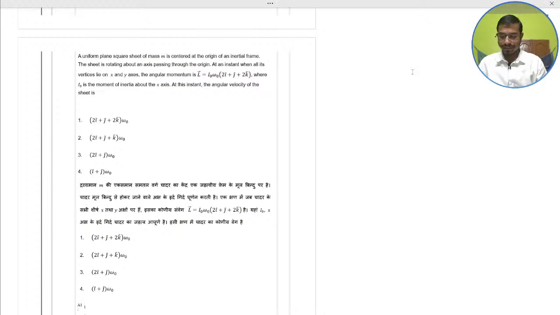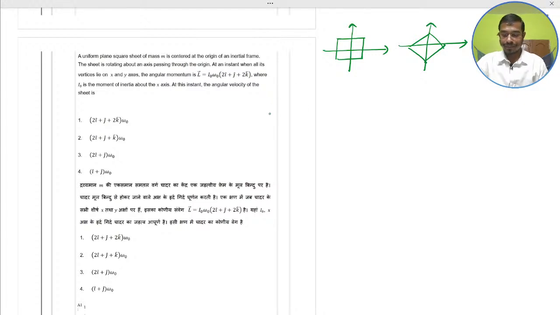So here, one thing, moment of inertia calculation. Now Ixx equal to I naught.